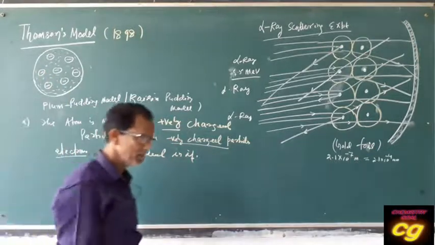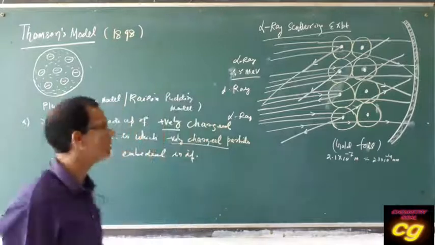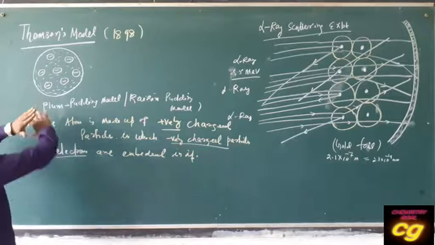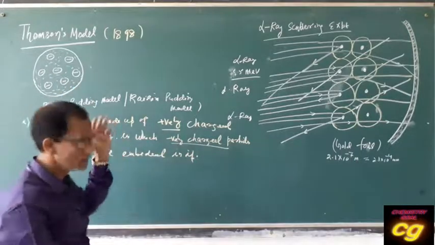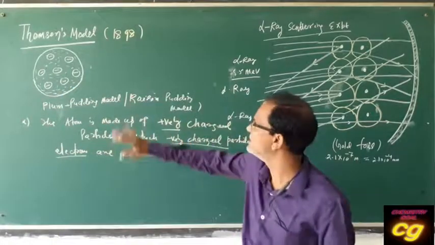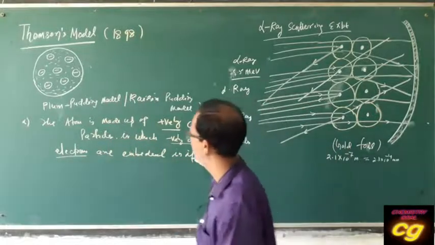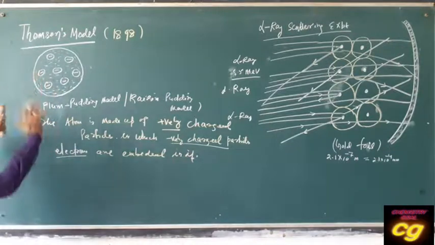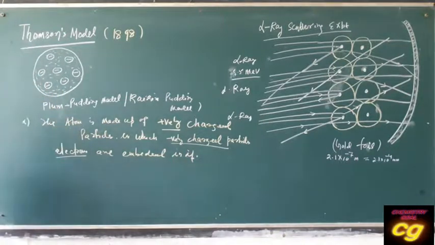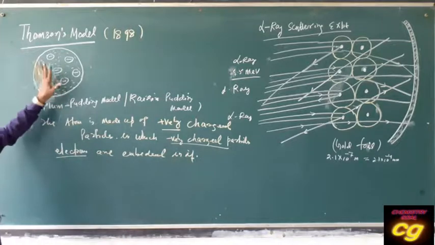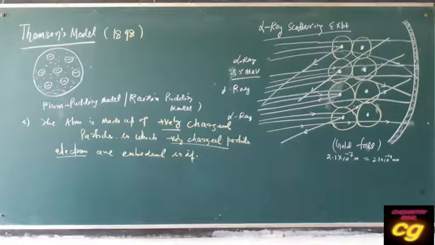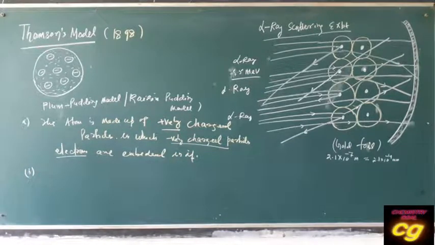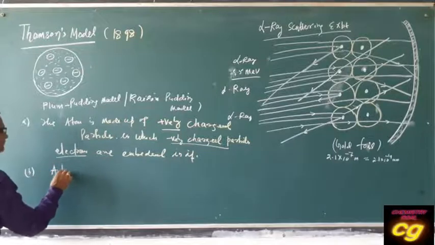It means there is no fixed position of electrons. At different places, electrons are fixed inside the positively charged sphere. And this model also indicates that the atom is neutral.